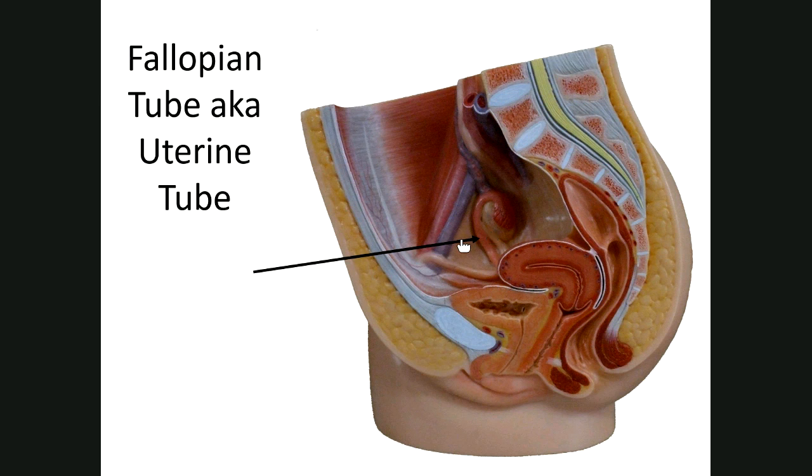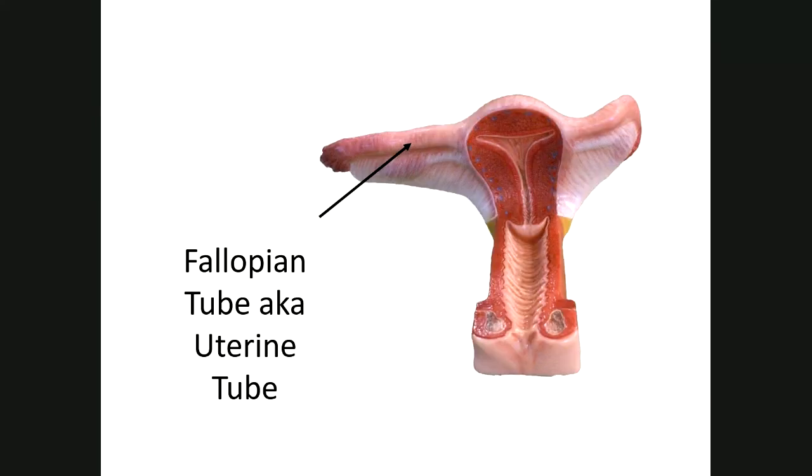Now, I am not going to require you to tell me if this is the left or right uterine or fallopian tube. Okay, for this you don't have to. For the other ones, you do. So if you just put down fallopian tube or uterine tube on this, you'll be okay. And you don't have to do it on this one either. But here's the fallopian or uterine tube, this pinkish structure right here.